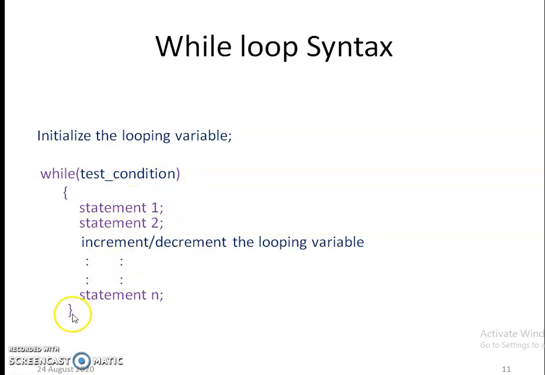When we reach the end of our curly braces, we go back and test the condition again. If the condition is true, once again we repeat it. If the condition is false, we come out from the loop and execute the next statement after the closing braces. This is the simple structure or signature of our while loop.